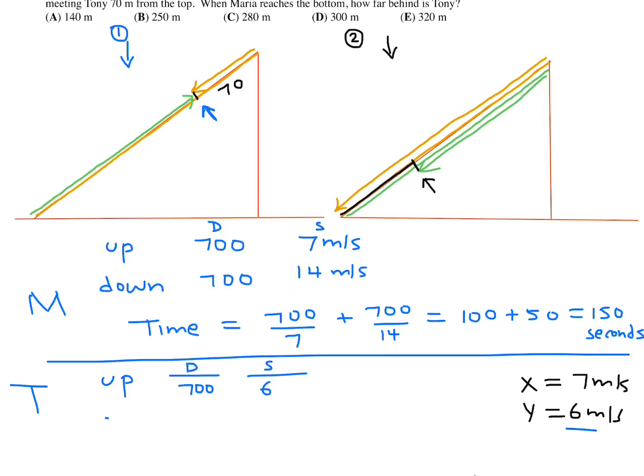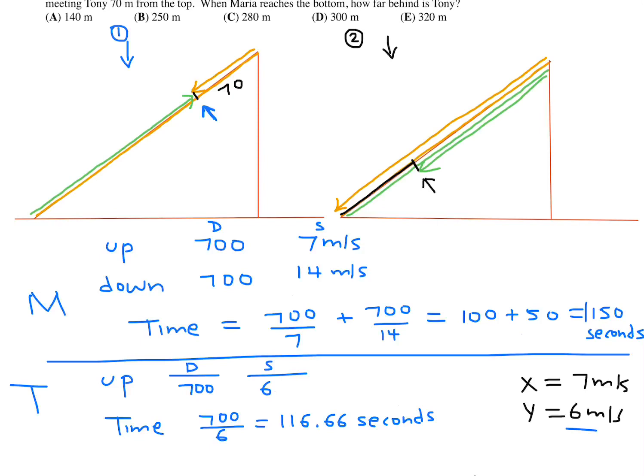So when he goes up the hill, his time is 700 over 6, which is equal to 116.66 seconds. All right? So from the bottom to the top, it takes him 116.